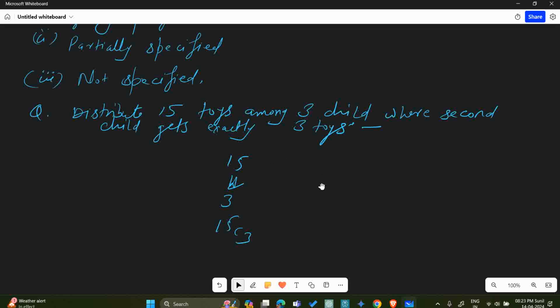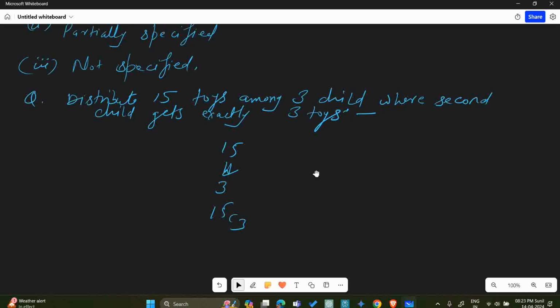And the rest of them, 12 toys, we have to distribute among the 2 children. Let's say the children are A, B and C. We have to distribute them to them.